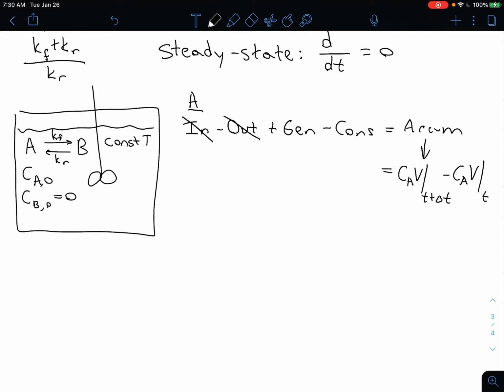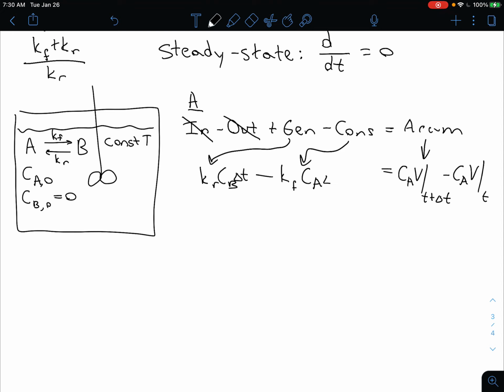However, the chemical reaction does consume A and generate A. So the generation of A is going to be K reverse CB, and the consumption of A, which is this term, is going to be K forward CA.